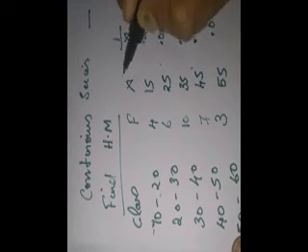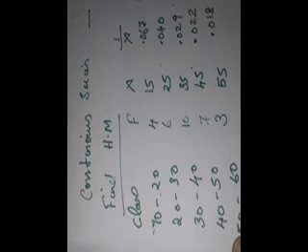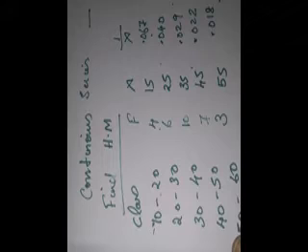Now we know that we have to apply the formula f into 1 by x on it. So you have to multiply f and 1 by x answers. So you'll be getting 0.268, 0.240, 0.290, 0.154, 0.054 and the total is 1.006.